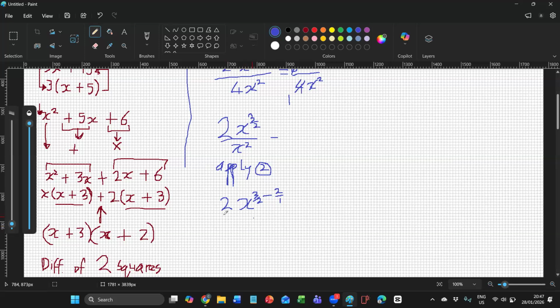Now, let's take care of that thing that looks quite funny up there. We know that 2 is bigger than 3 over 2, isn't it? So we'll quickly do something here. Whenever you have a small number minus a big number, it is equal to what?